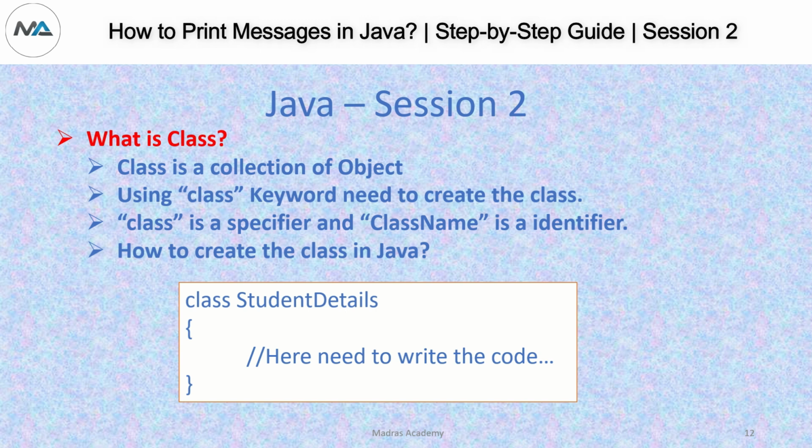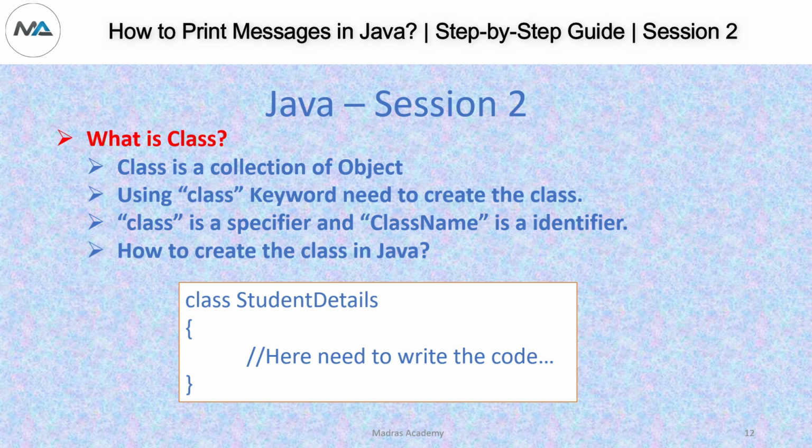In the same format only, the predefined classes that we access in Java are also in this same format. Not two words like student space detail, like that we are not supposed to create it, and we don't have that kind of format in predefined classes also.